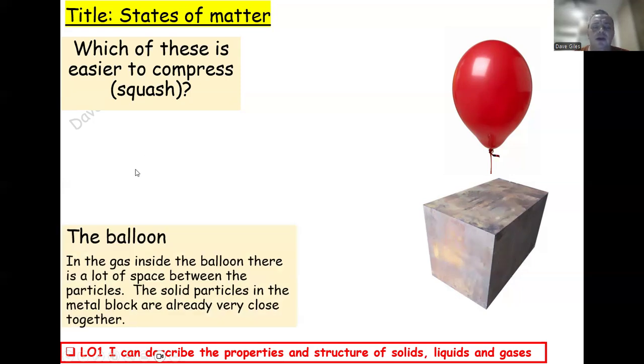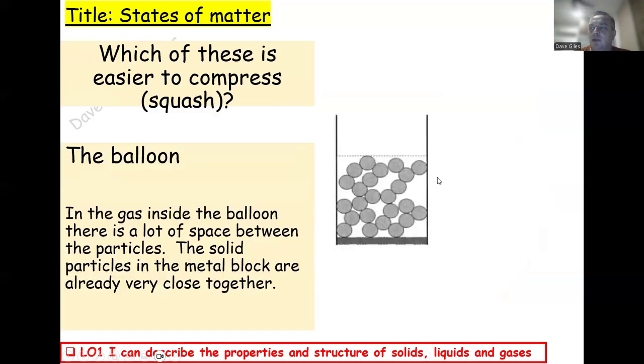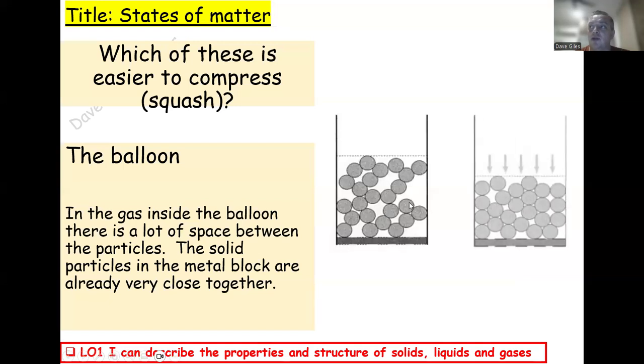It's because the balloon has a gas inside, and there's lots of space between the particles. The solid particles in the metal block are already very close together, so they cannot be compressed. So you can see there in the gas balloon, the particles are like that. You can squash them together, make the particles closer so they're easy to compress.